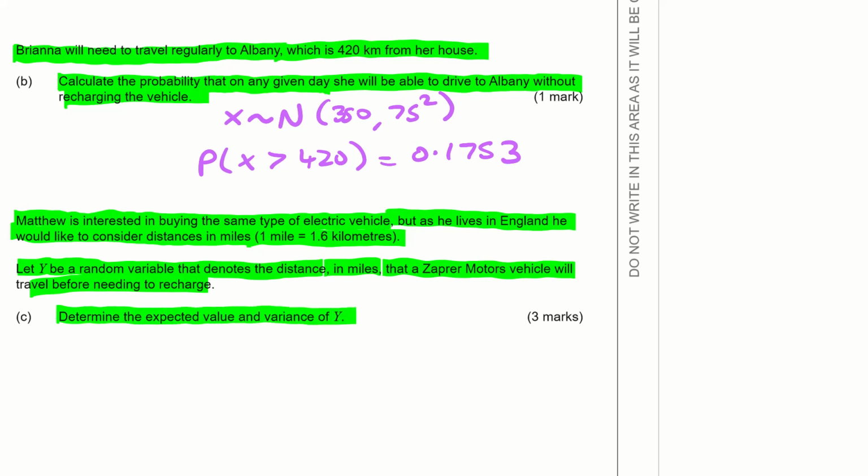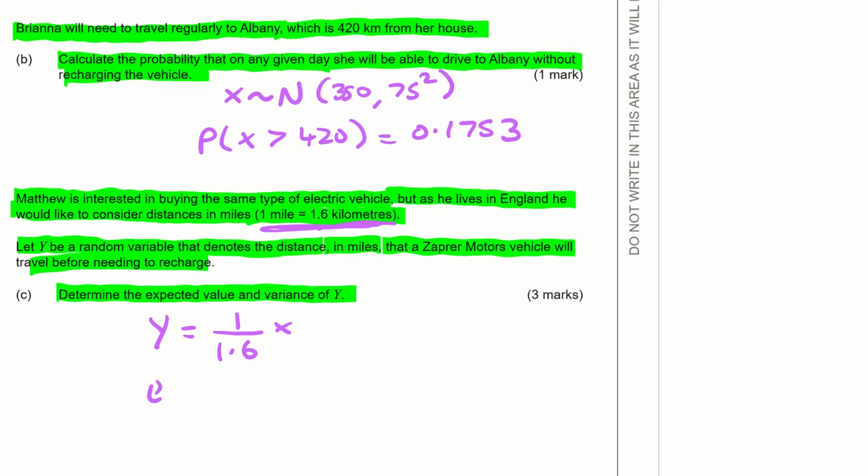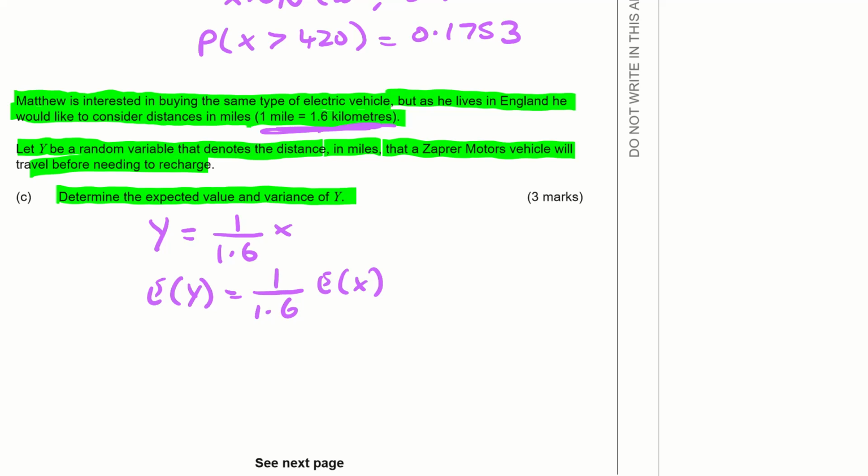So y is going to be 1 over 1.6 x, dividing by the 1.6 to go to miles. So the expectation of y is going to be 1 over 1.6 times the expectation of x, which is 350 divided by 1.6, and so that gives me 218.75 miles.